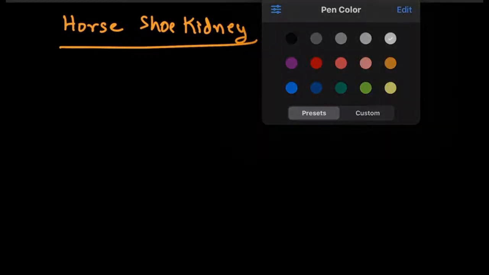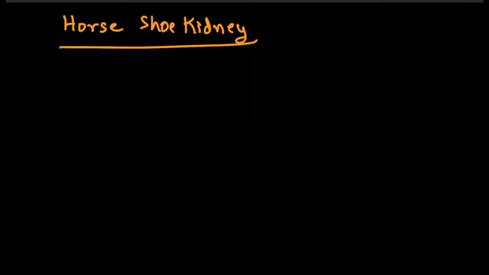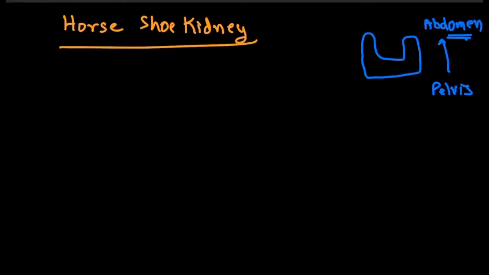So if I ask you guys, what is a horseshoe kidney? No doubt that the lower pole of the kidney is fused together, and we know that the kidneys form in the pelvis and then they come to lie in the abdomen. Now, this ascent of the horseshoe kidney is restricted by which vessel?